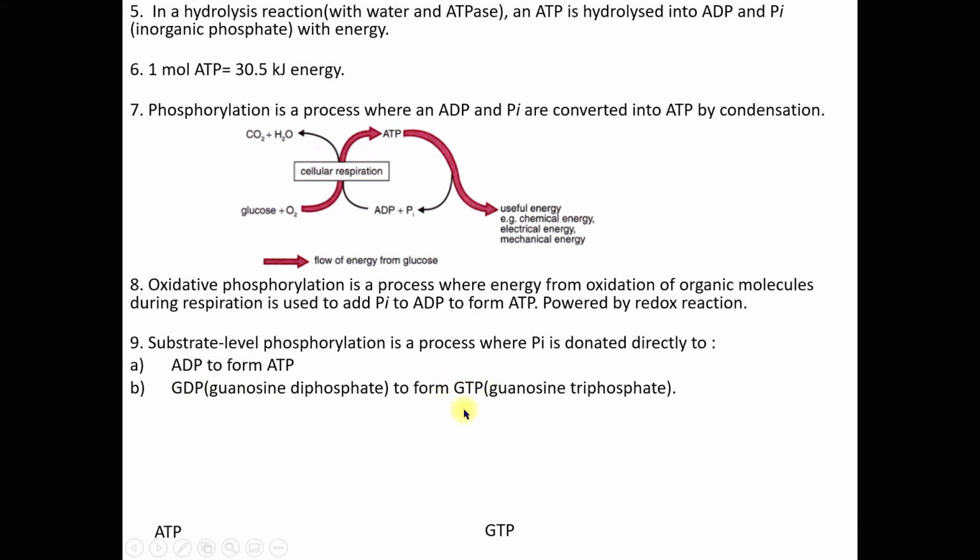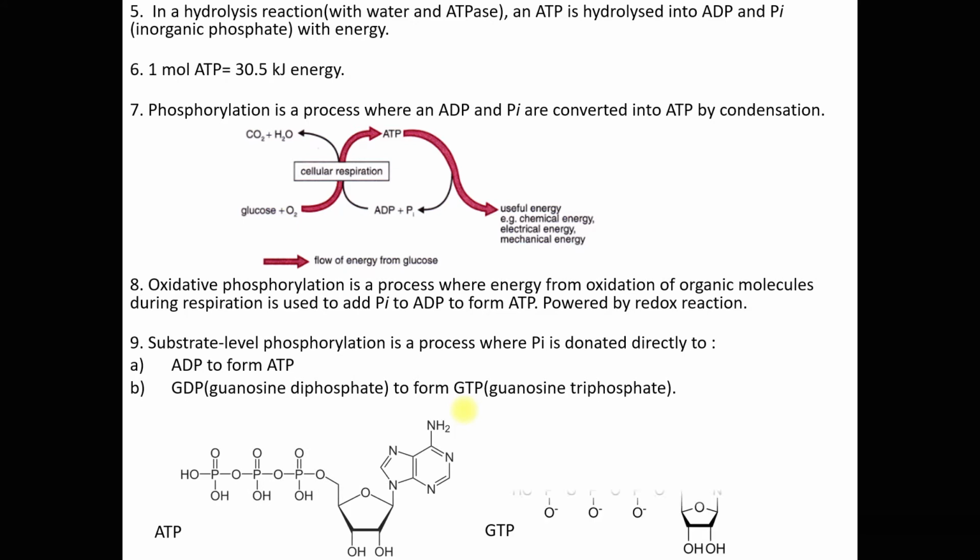If you're wondering what's the difference between ATP and GTP, let's take a look at their molecular structure. Very much similar, except that the nitrogenous base for ATP is adenine, while for GTP the nitrogenous base is guanine.